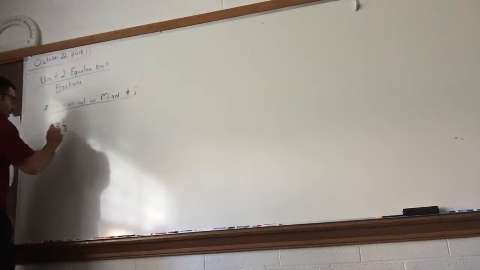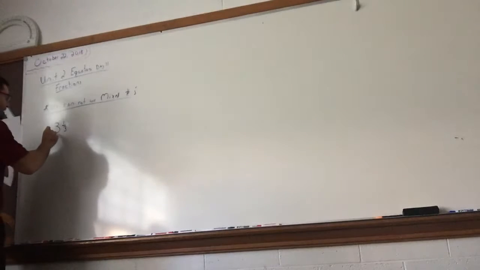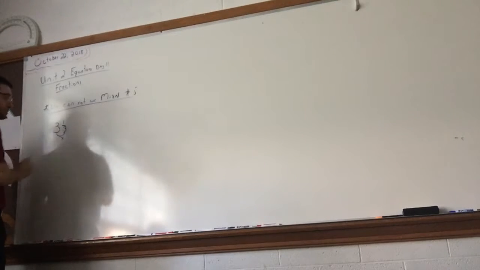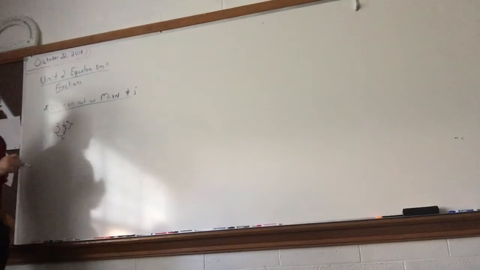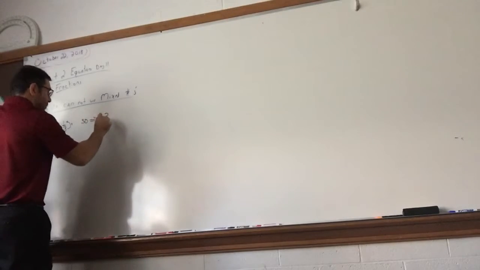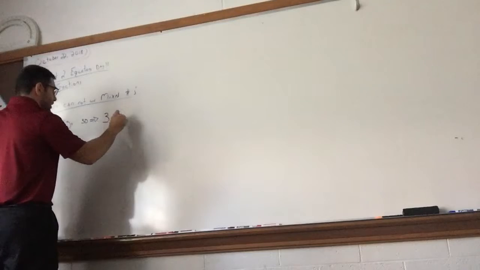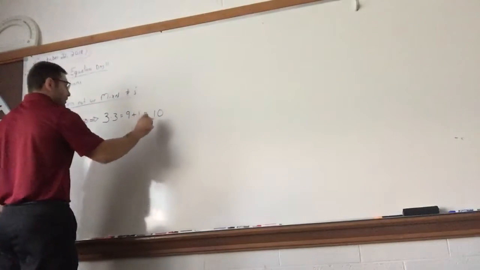So here's my mixed number, 3 1/3. Step 1 is to take the coefficient times the denominator. We're going to multiply. Then we're going to take that product and add it to the numerator. 3 times 3 equals 9. 9 plus 1 equals 10.